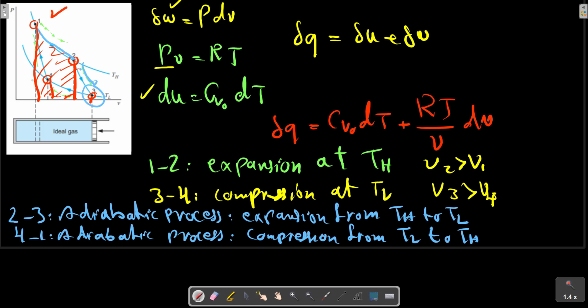We now proceed to integrate the equation, as we have delta Q = C_V0 dT + RT/V dV.